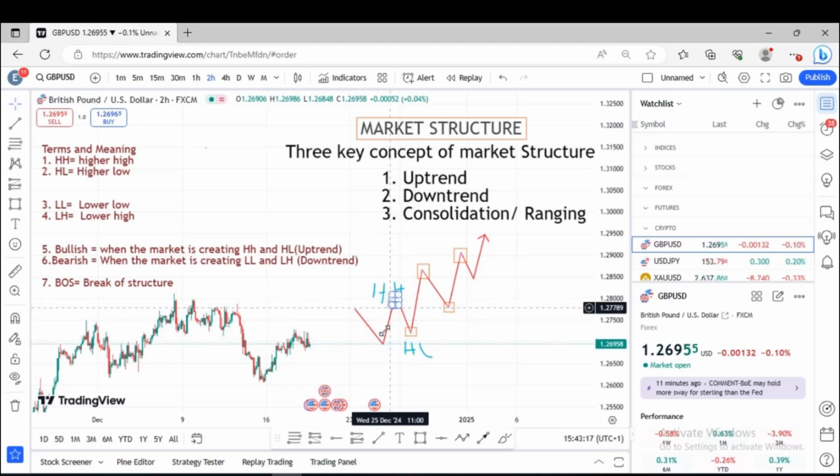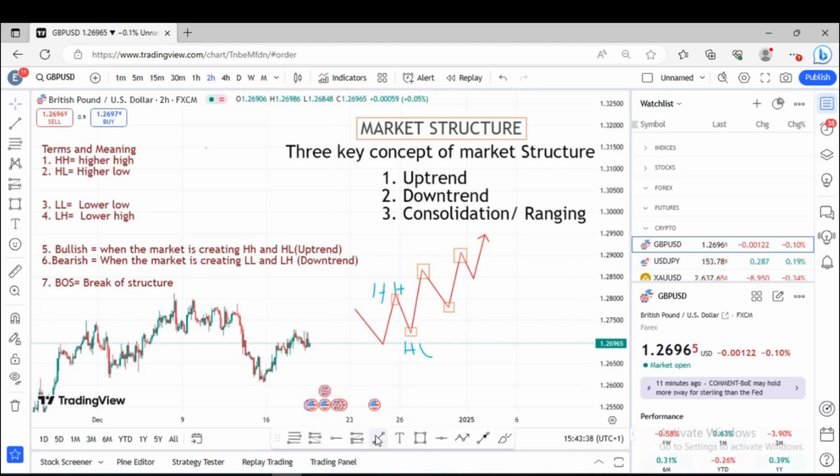That is why this one is called the higher high, and this one is called the higher low. And when it has created a higher low, it must break this point, this higher high, creating a new high. That is when we will have an uptrend.